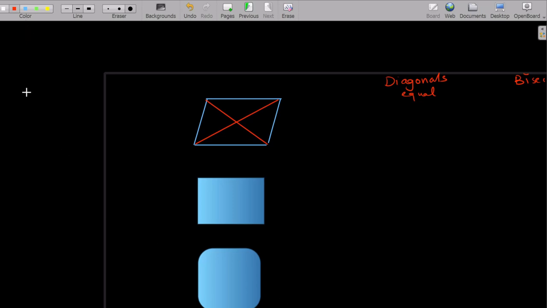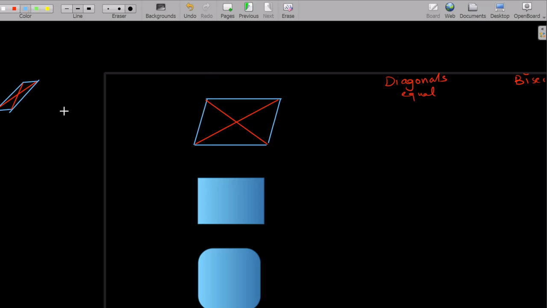Okay, now if I draw this parallelogram, this is also a parallelogram. Do you think that the diagonals will be equal in this one? Yeah. Really?